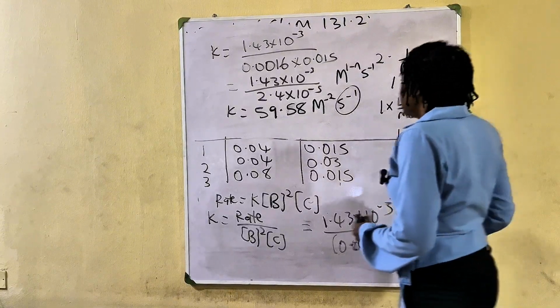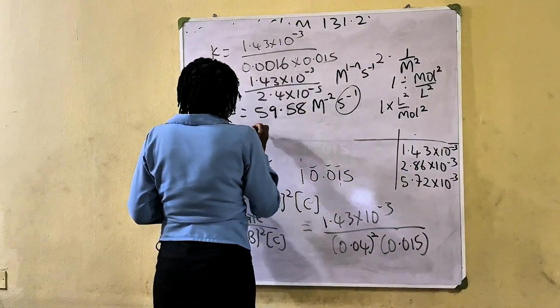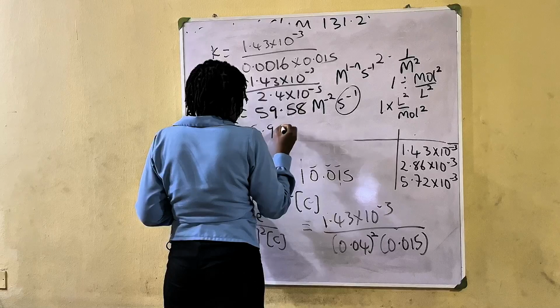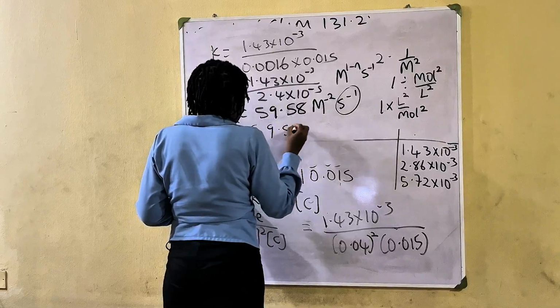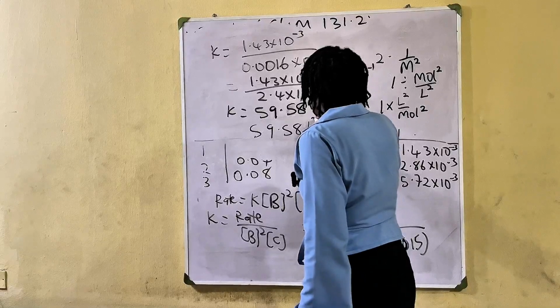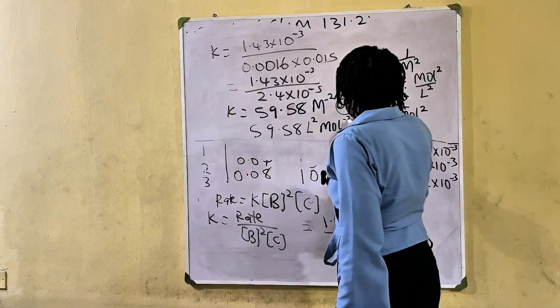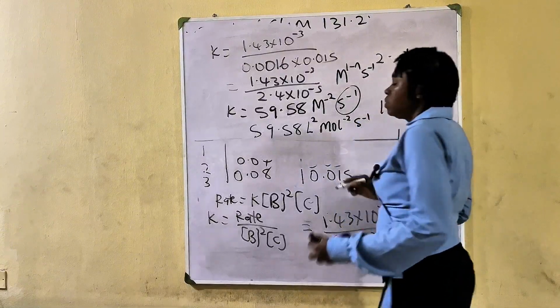So the unit is also 59.58 liter square per mole square per seconds.